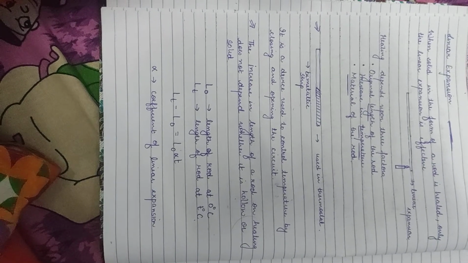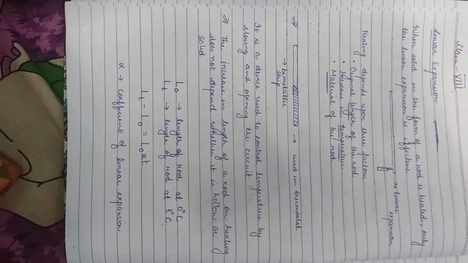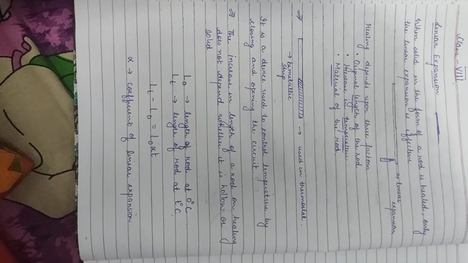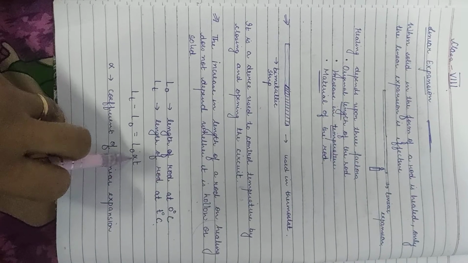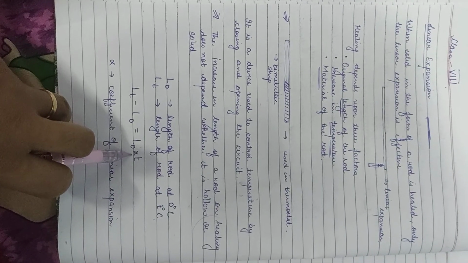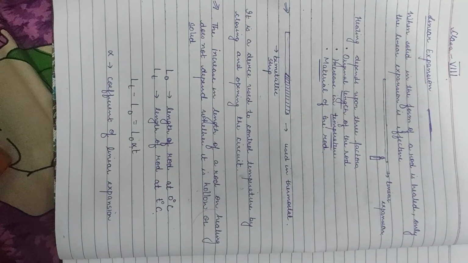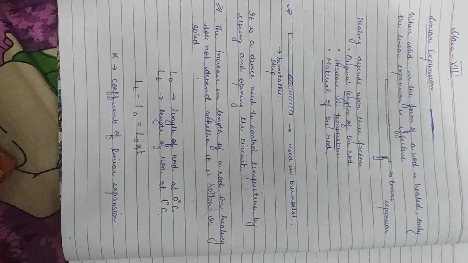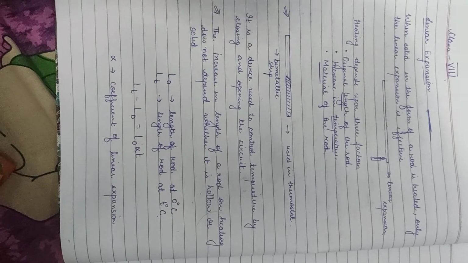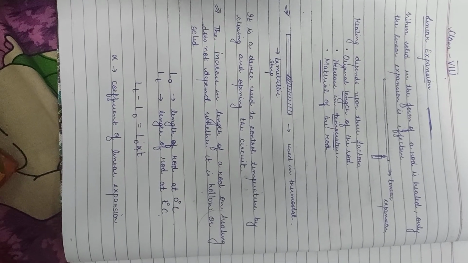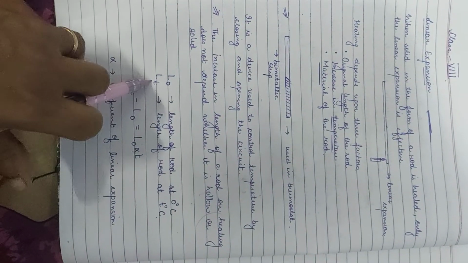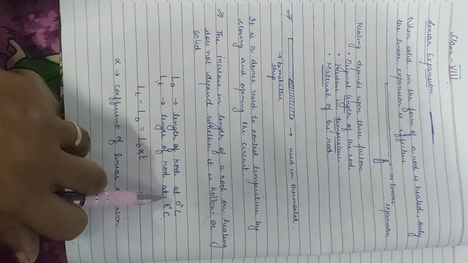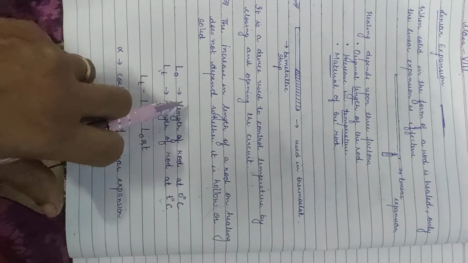Okay, now we are going to write down the expression. You should just be familiar with this expression of linear expansion. See, this alpha is representing the coefficient of linear expansion. Coefficient means some constant value which you put to have the exact differentiation between them. So here LT will be the length of the rod at T degree Celsius.